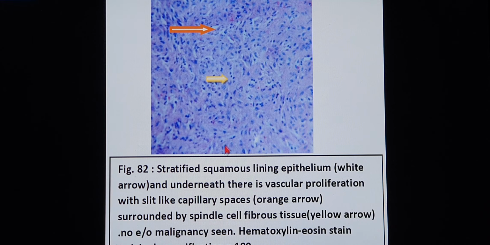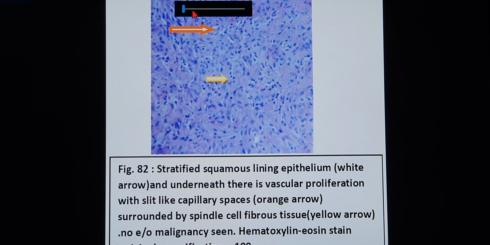Histopathology was a typical finding, as you can see on the screen: stratified squamous lining epithelium, with vascular proliferation, slit-like capillary spaces surrounded by spindle cell fibrous tissue. No evidence of malignancy was seen.